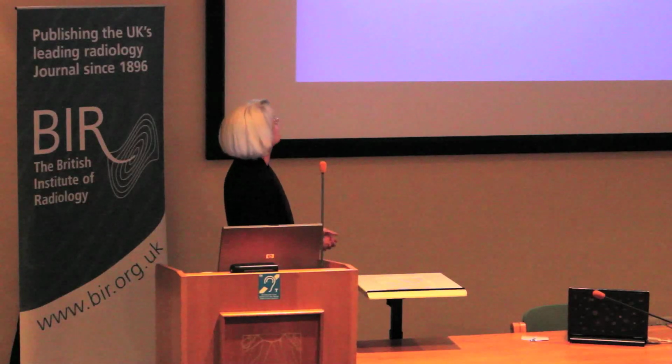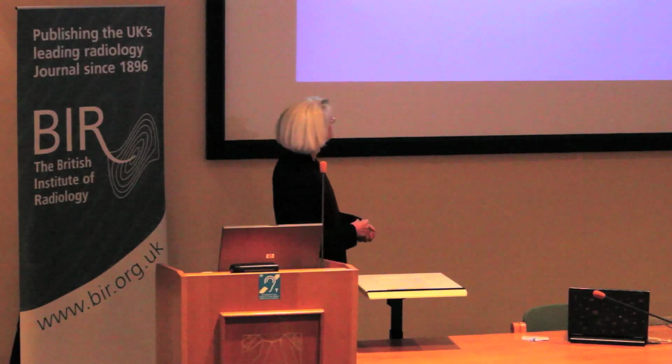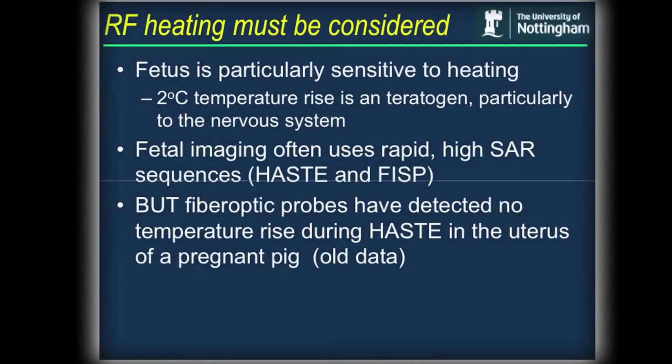So we need to consider RF heating, and we need to note that the fetus is particularly sensitive to heating. A 2 degrees C temperature rise is a teratogen, particularly in the nervous system. And of course, an additional problem is that the fetal imaging sequences we use have to be fast. And so that usually means that we use high SAR sequences such as HASTE.